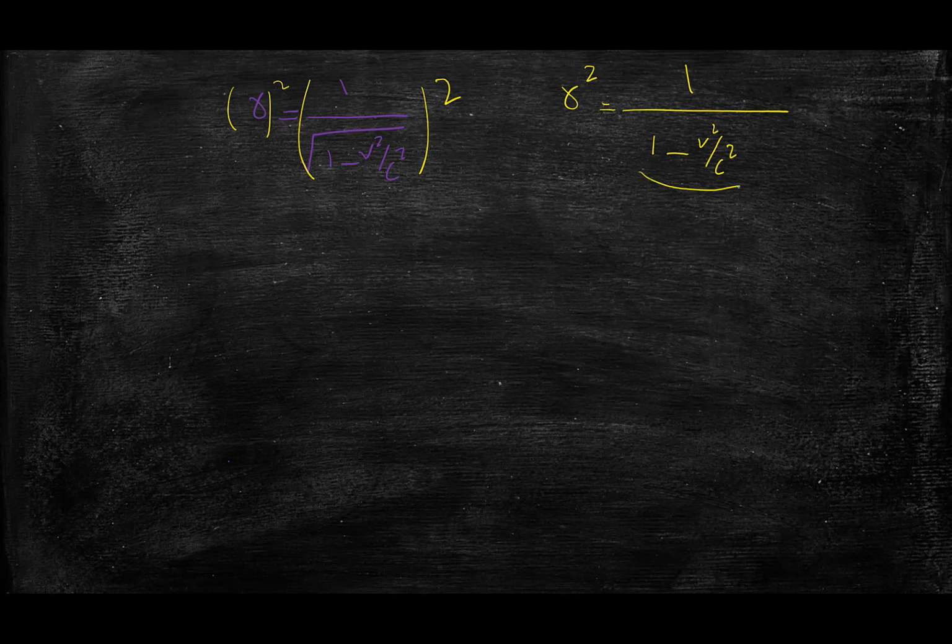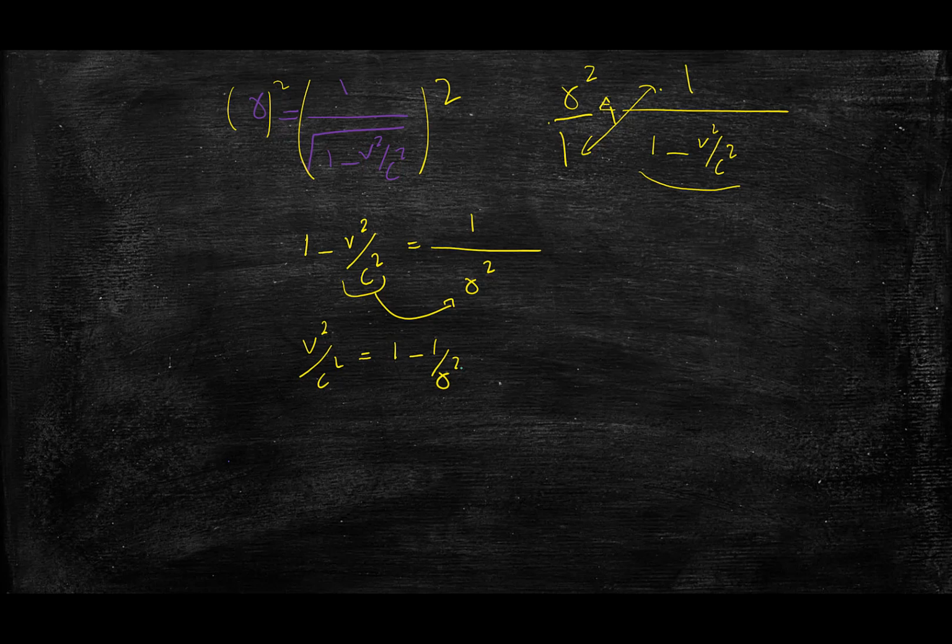So 1 minus v squared over c squared is going to be equal to 1 over gamma squared. But I'm just going to move it to the other side. So v squared over c squared equals 1 minus 1 over gamma squared.